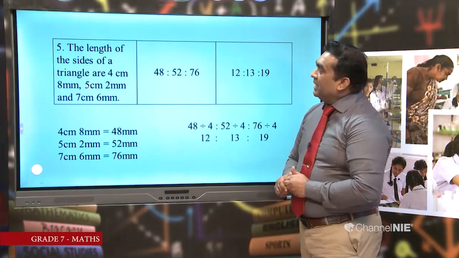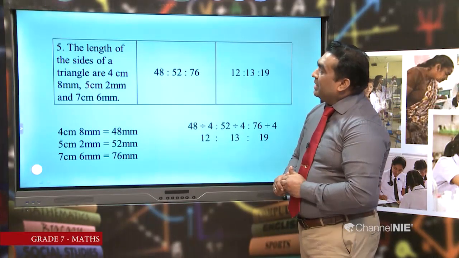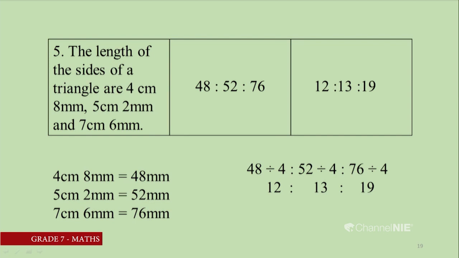Next one, the lengths of the sides of a triangle are 4 centimeters 8 millimeters, 5 centimeters 2 millimeters and 7 centimeters 6 millimeters. Different units. Now, in the same unit. Therefore, what is your smallest unit? Millimeters. Then you have to convert the larger amount into the smaller amount.